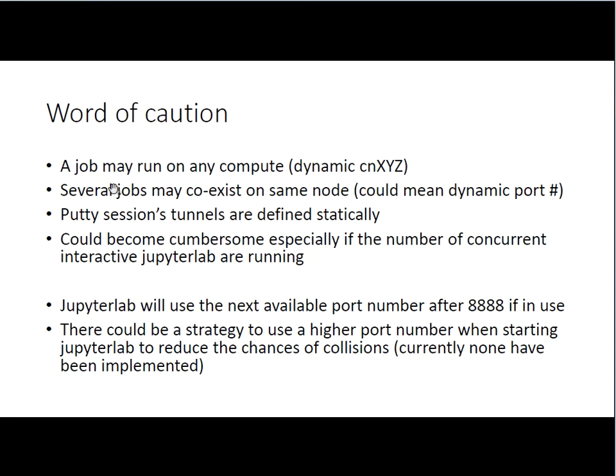So it's very possible that your job might coexist on the same node as a different job from a colleague of yours. In which case, if there's another user doing something similar to yourself on the same node, it could happen that the Jupyter notebook runs on a different port number. So keep in mind, this could be dynamic also.